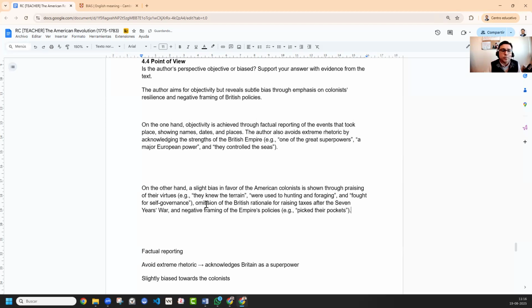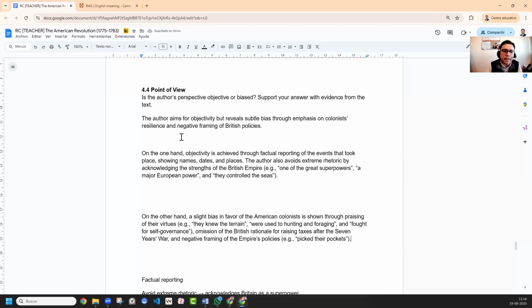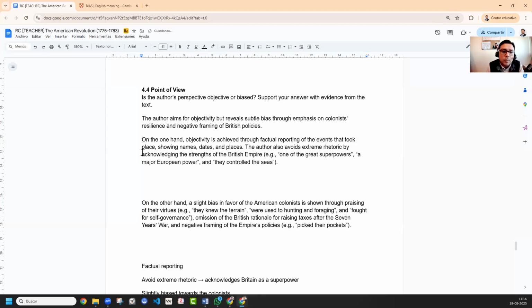Now let's put everything together. The author aims for objectivity but reveals subtle bias through emphasis on colonists' resilience and negative framing of British policies. On the one hand, objectivity is achieved through factual reporting of events that took place, showing names, dates, and places. The author also avoids extreme rhetoric by acknowledging the strengths of the British Empire.